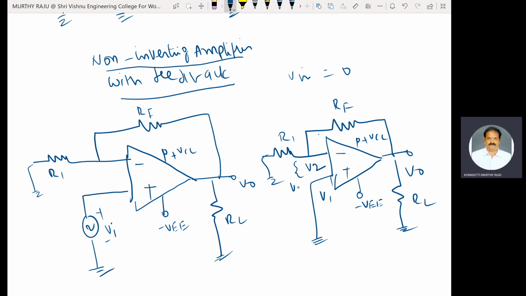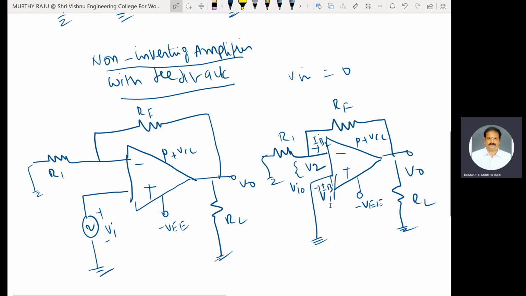Input offset voltage is VIO. Input bias current here is IB2. This one is IB1. These are some important representations: IB1, IB2.